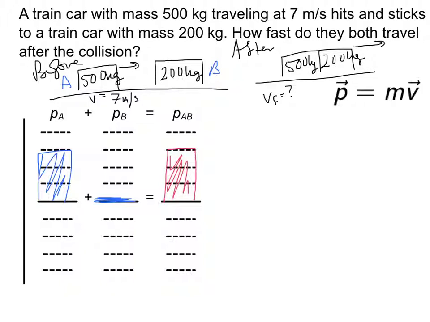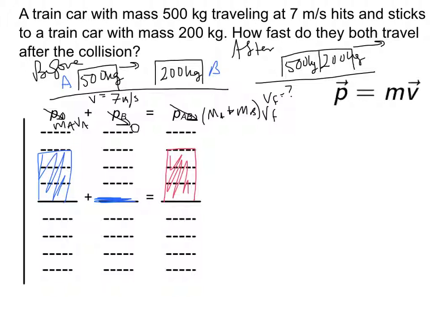So now we can substitute and simplify our equations. The momentum of A is the mass of A times the velocity of A. The momentum of car B is 0. And then both together, and here's the key, it's their combined mass, mass A plus mass B, times the final velocity.